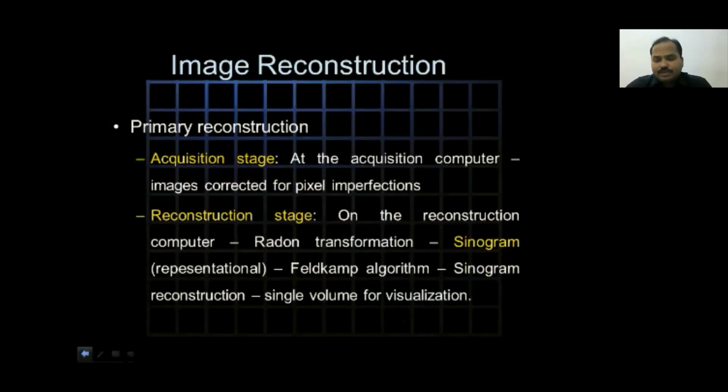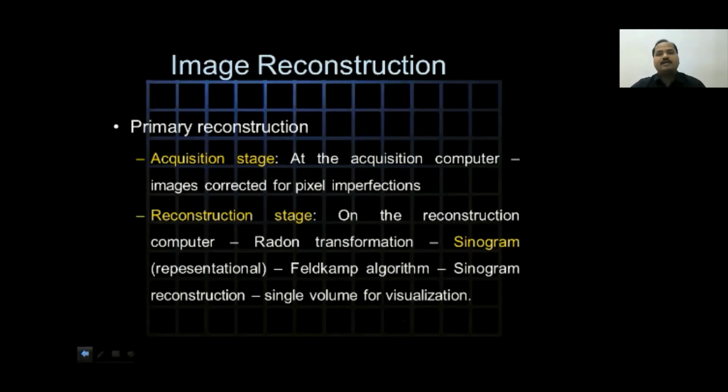image reconstruction. Now, image reconstruction will take into account the primary reconstruction first of all. When the image is acquired and the acquisition phase is over, the reconstruction will take place. It has an acquisition stage and a reconstruction stage. The acquisition stage is done in the acquisition computer, where the images are corrected for imperfections at the pixel level.